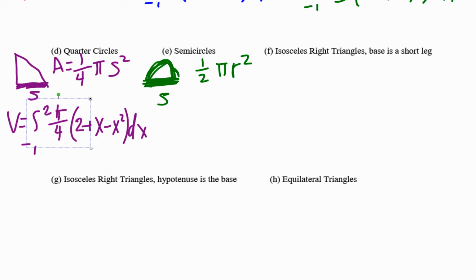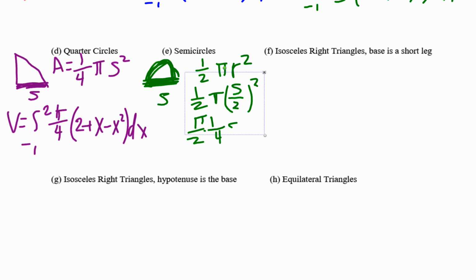So in order to get the radius, that's S over 2 squared. If we square that, that'd be 1/4 S squared. So our equation really is going to be pi over 8 S squared.